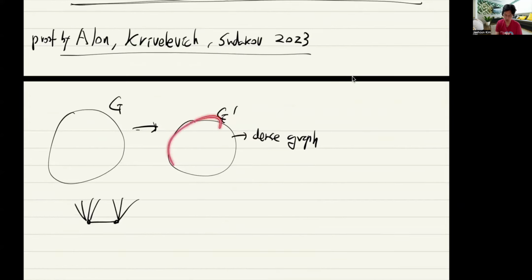So you can keep doing that while you don't decrease the average degree. Then at the end, you will get a graph where every two adjacent vertices have a lot of common neighbors.